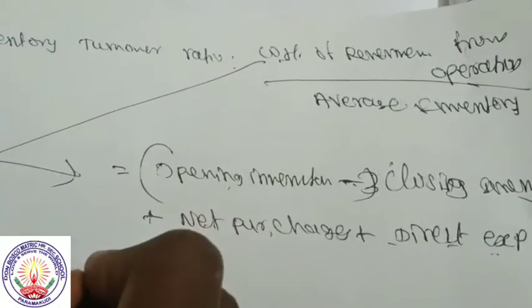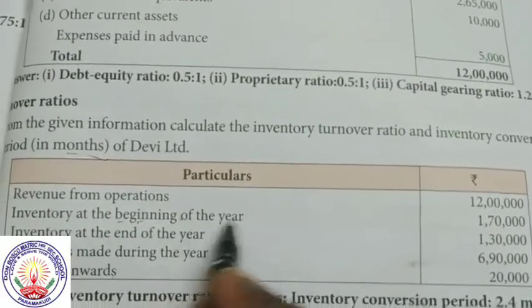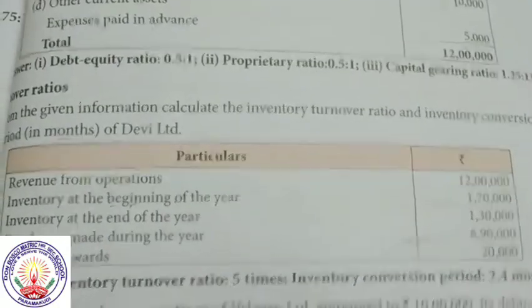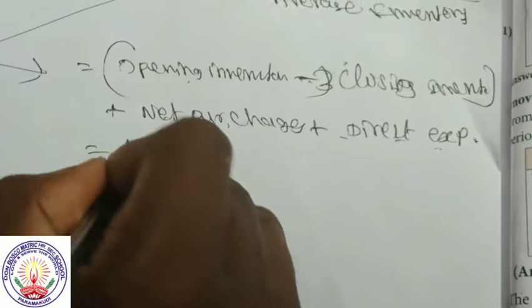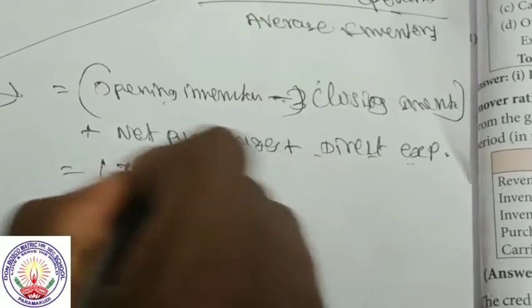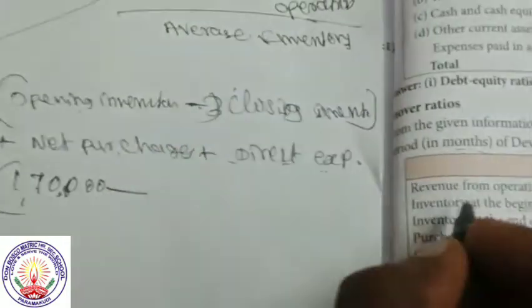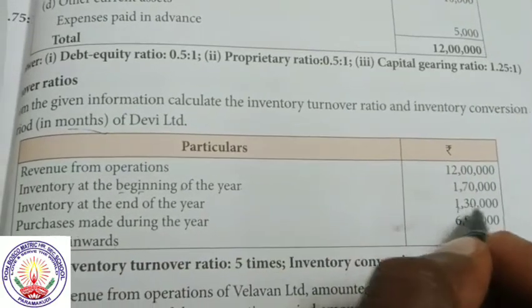Now find out the opening inventory, how much rupees? Inventory at the beginning of the year. Beginning means opening. Here, 1,70,000. Minus closing inventory, inventory at end of the year, 1,30,000.